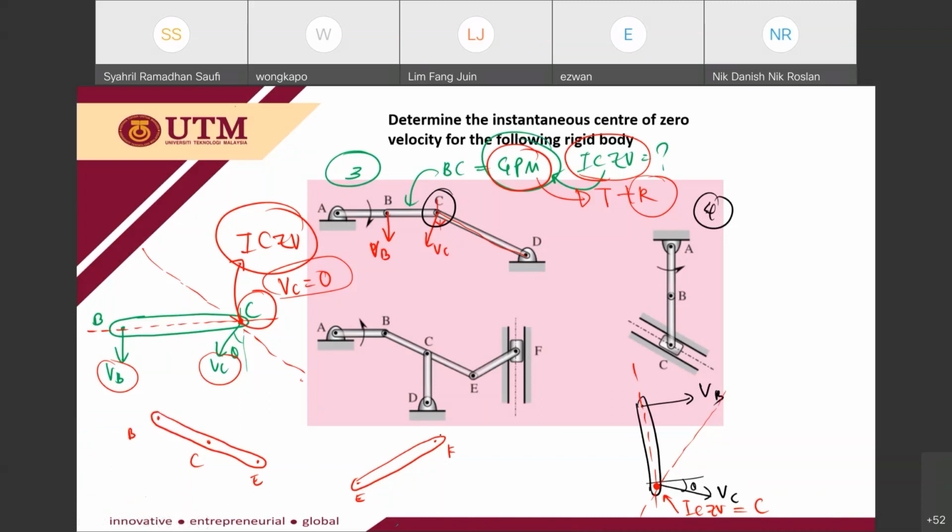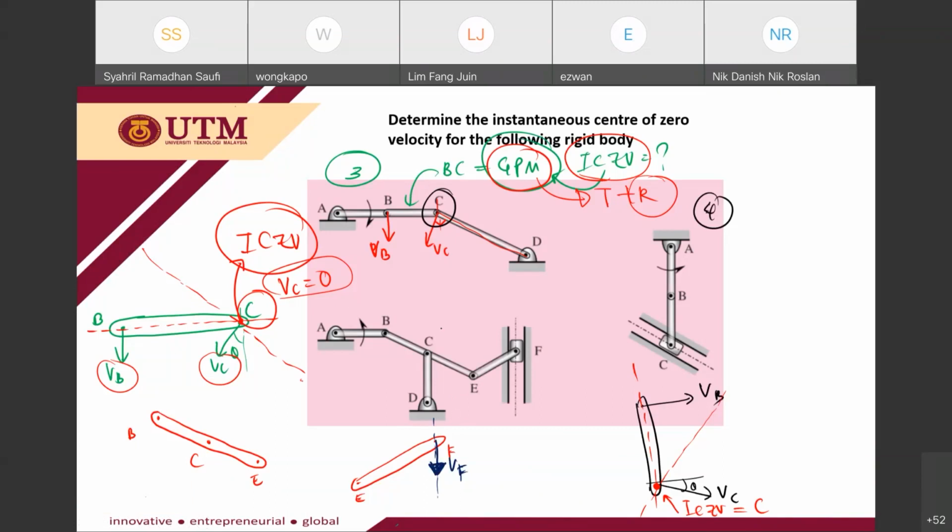So we know that F, this is the line of velocity, either upward or downward is up to you. So let's say I choose downward. It's not an issue for the direction, as long as you know the velocity line. So E, I don't know where the velocity line of E is.